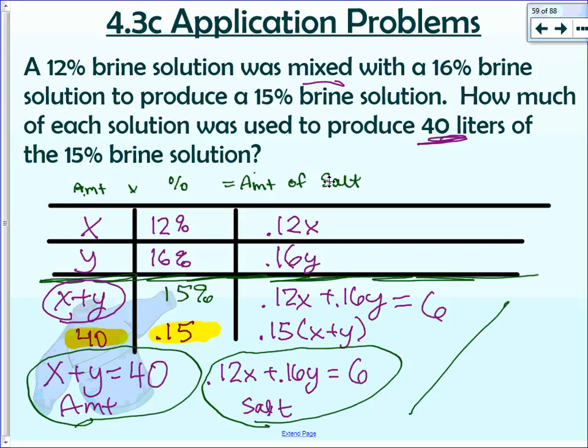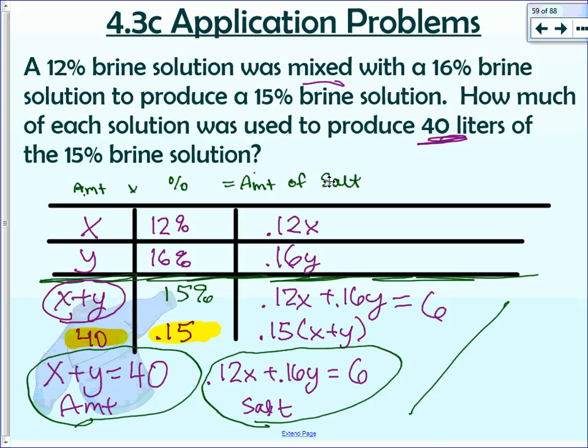And then you just have to solve. And you get 10.